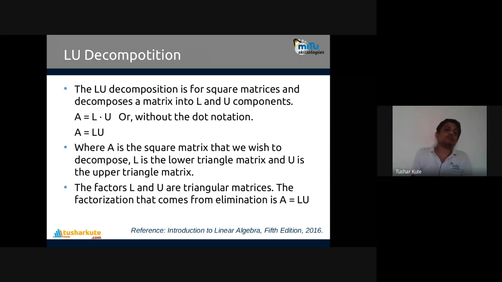See the first one. What's the meaning of LU decomposition? The names are mentioned there directly. LU decomposition is for square matrices. Make sure it is for square matrices, and the matrix is decomposed into an L component and a U component. We can denote it as A equals L dot U, or A equals LU also. The dot notation means multiplication of these two matrices.